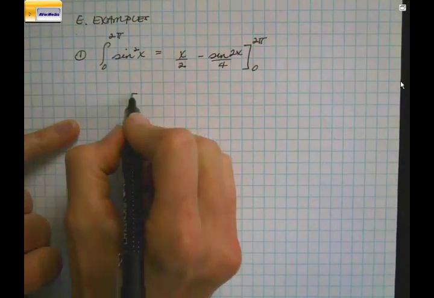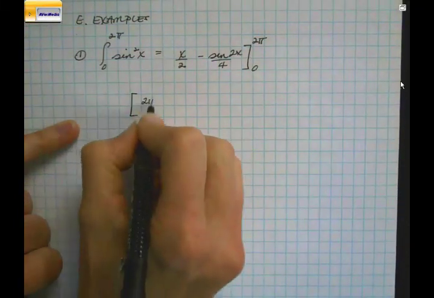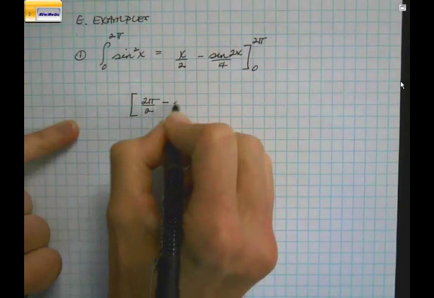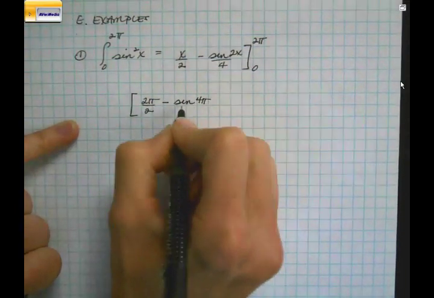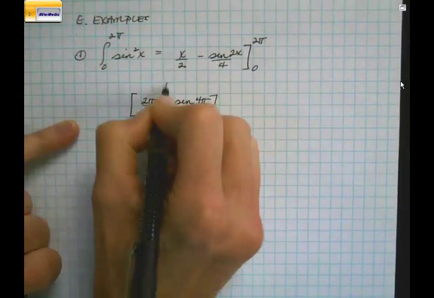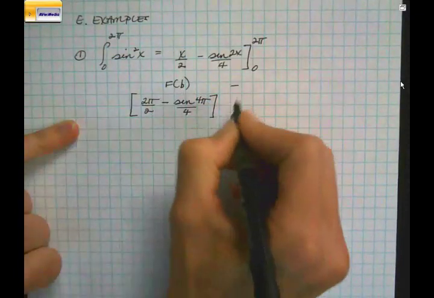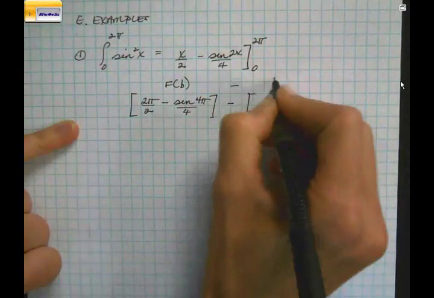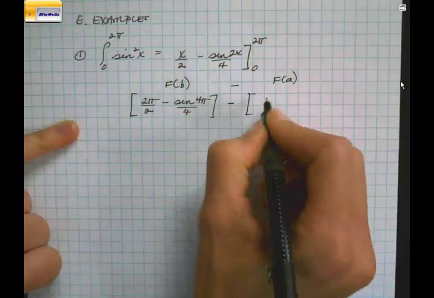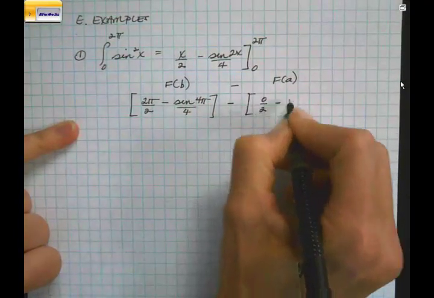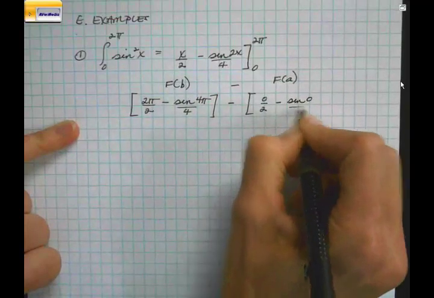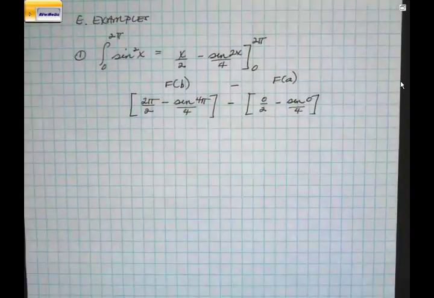So now if I use the upper bound of 2 pi, this is 2 pi over 2 minus sine of 4 pi over 4. That would be your F, your antiderivative of the upper limit, minus F of a, which would be to plug in the 0. So it would be 0 halves minus sine of 0 over 4.